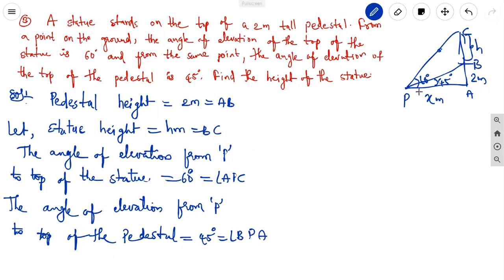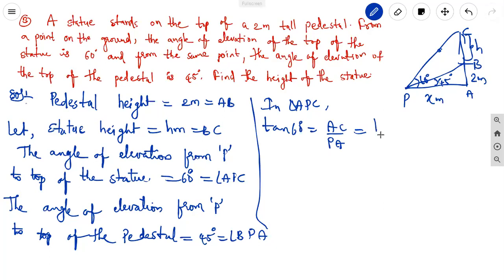In this, we know the opposite side and adjacent side with the angle. For this data, the related ratio is tan only. So, in triangle APC, tan 60 degrees is equal to AC, the opposite side, by PA, the adjacent side.